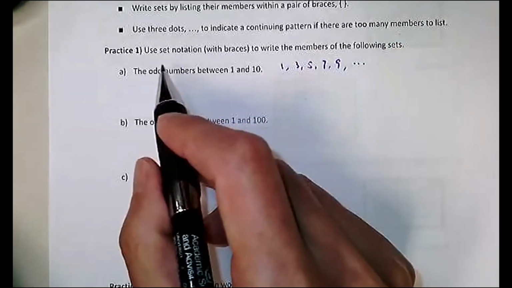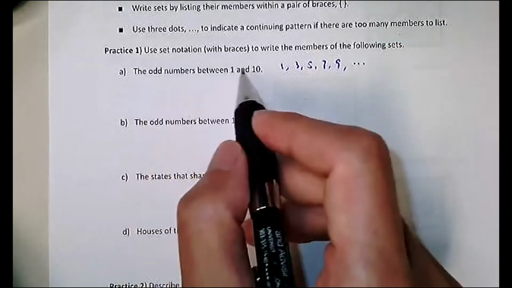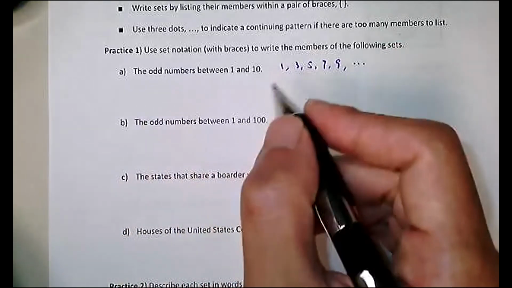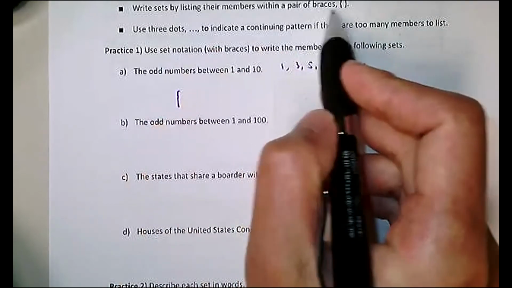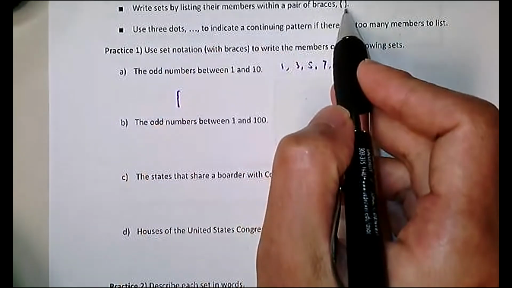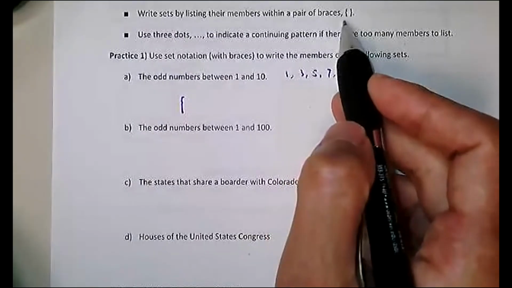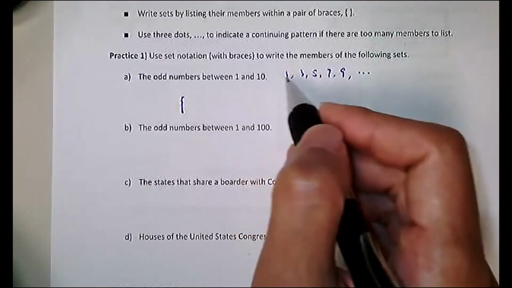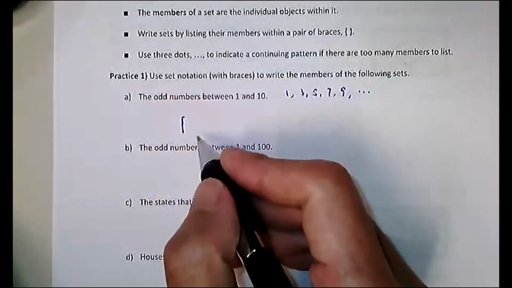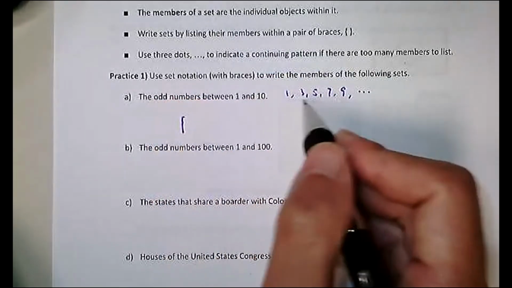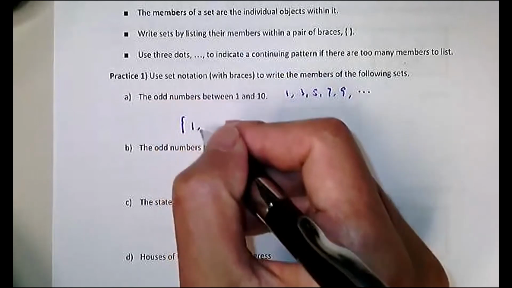So we want the collection of odd numbers between 1 and 10. We use a pair of braces to denote we are building a set. The first member of the set is, obviously, 1.